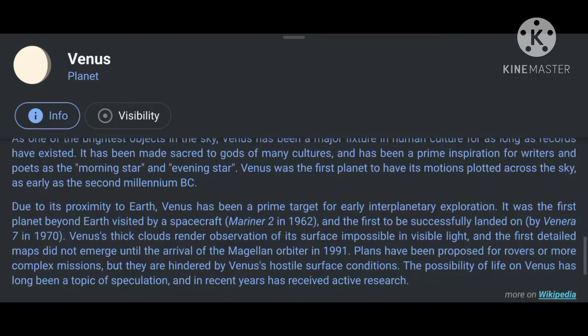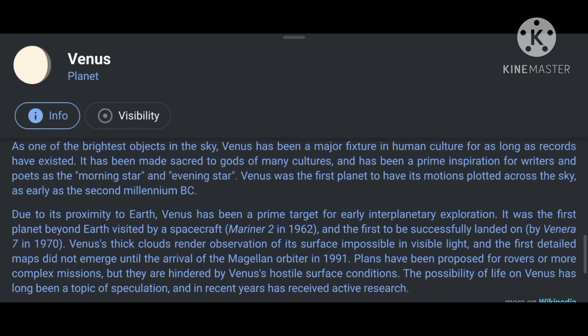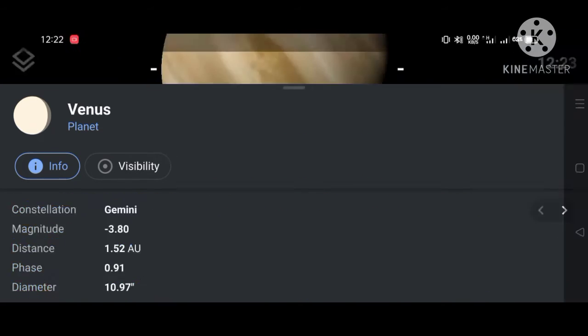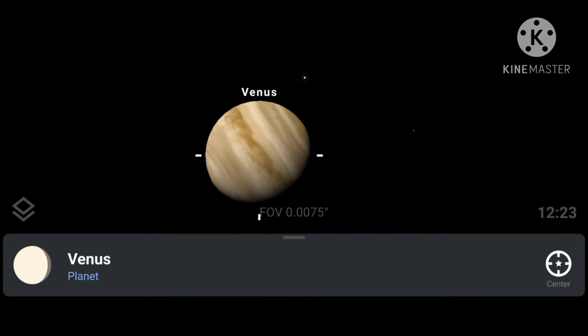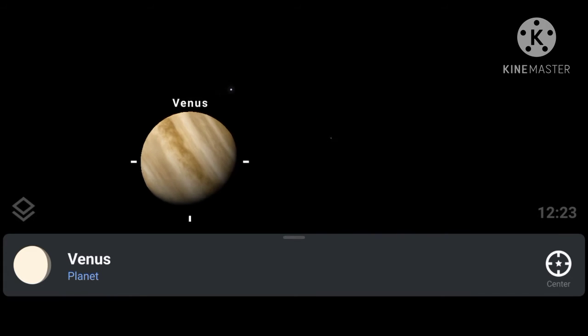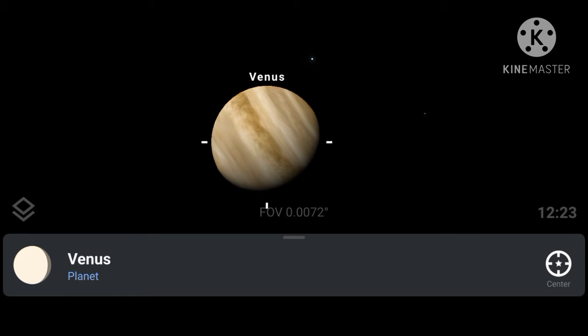So here is other information. The spacecraft that already visited this planet is Mariner 2. Both Mercury and Venus have no satellites or moons, and that distinguishes the characteristics of terrestrial planets.